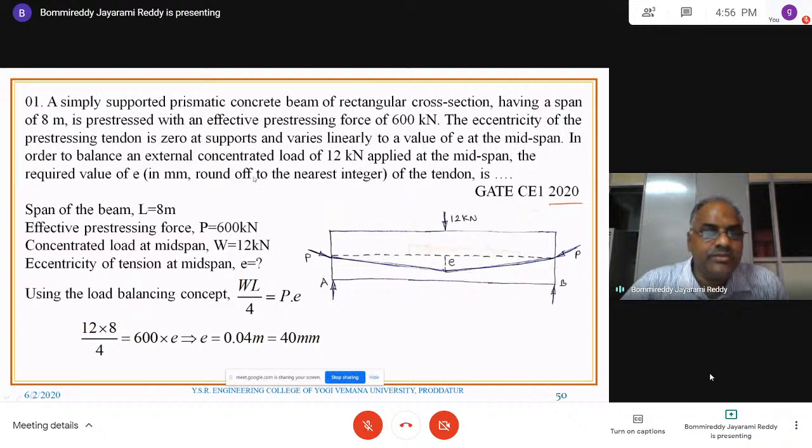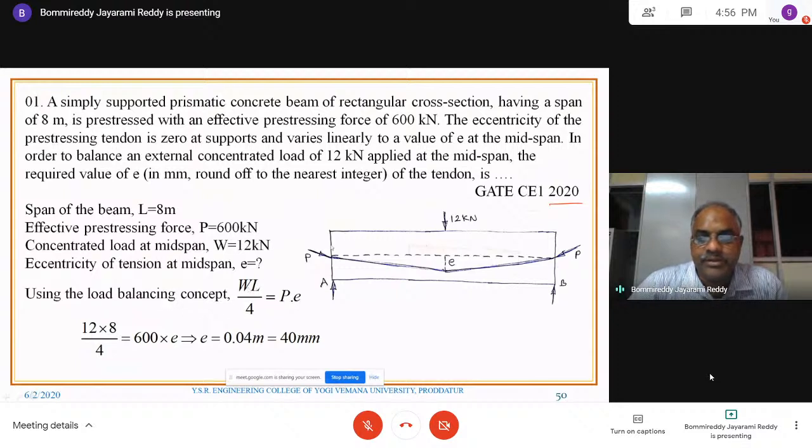In order to balance, the word is important, an external concentrated load of 12 kilonewtons applied at midspan, the required minimum value of E of the tendon, rounded off to the nearest integer, is. What is E? So here what you want to understand is the balancing concept.